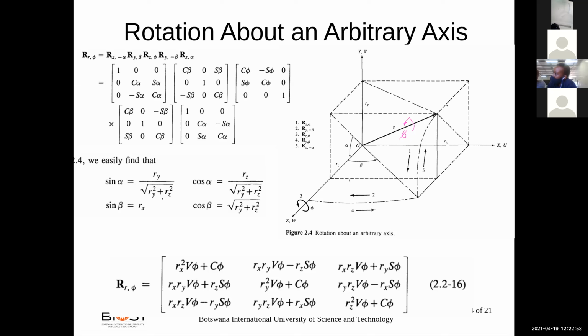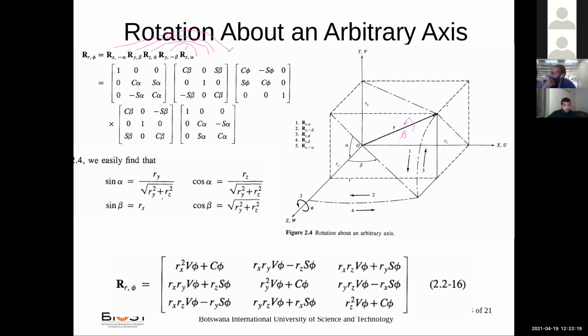I don't have a definite answer regarding whether changing the sequence to post-multiplication, meaning this matrix is the first rotation, and then this one goes in here, and then this goes in here, and then that goes in here, and then this goes in there. Okay, I don't have an answer now.